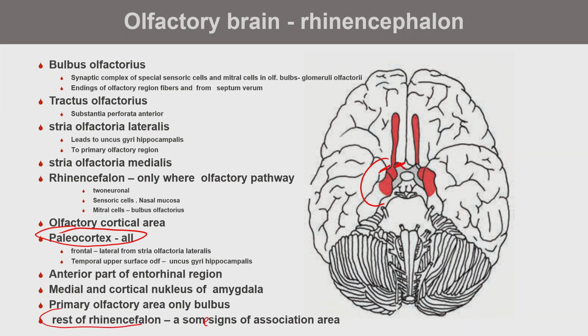So, rhinencephalon, especially lateral parts, have a primitive association functions, association areas. So what is association? Input is olfaction, the presence of some chemical signal. You can smell the orange, and it could be associated in a very primitive way.